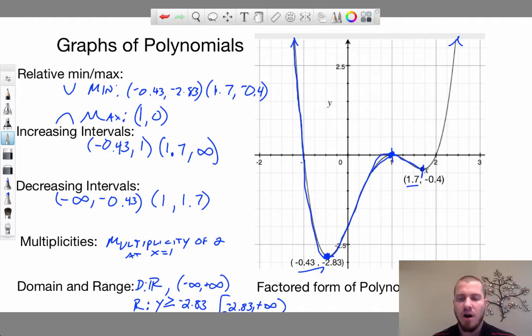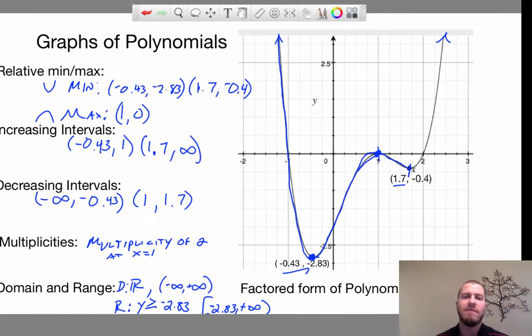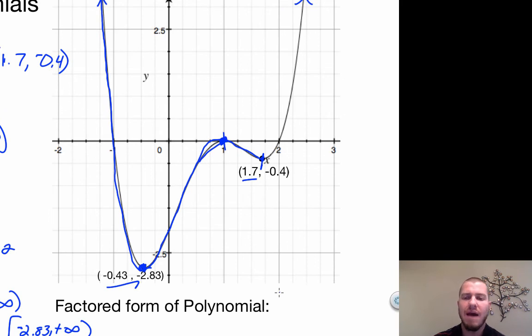And the last part is to write the polynomial in factored form. Well, I can do that from the zeros of the polynomial. Assuming that there aren't any imaginary zeros, I can write the polynomial from the zeros that I have.